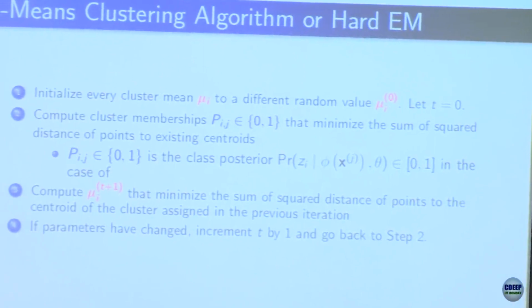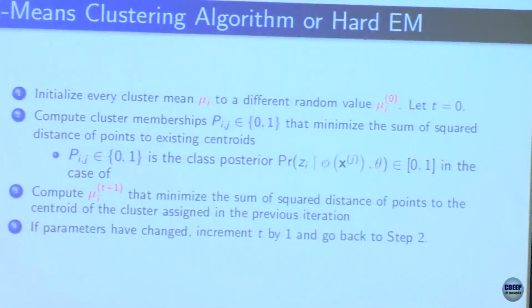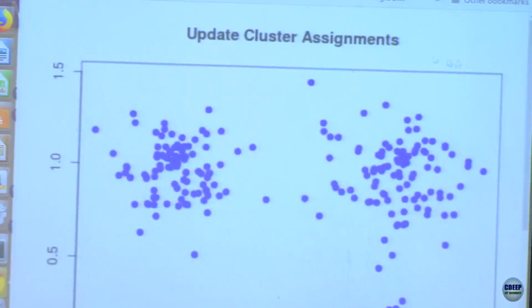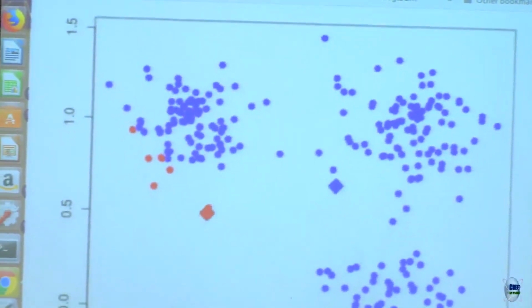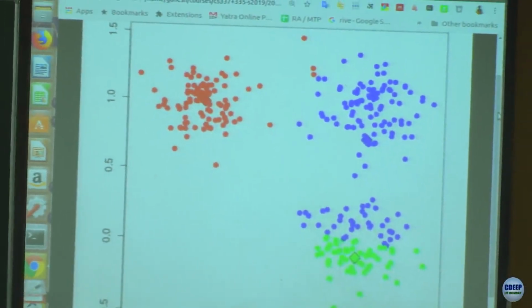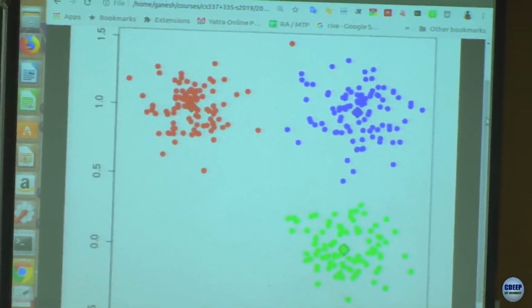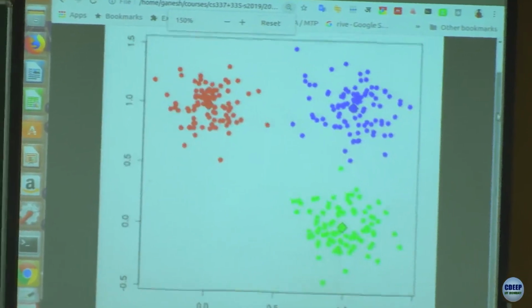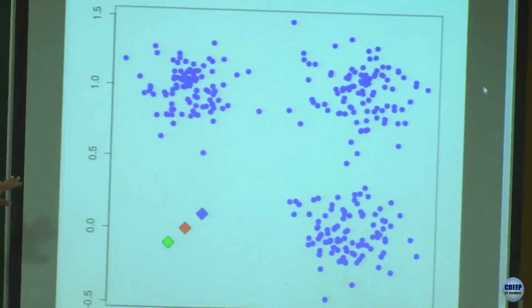So what is the K means algorithm? I will keep referring to this simple GIF file which I will share. So here is a GIF file which is showing how it evolves. Starts here.